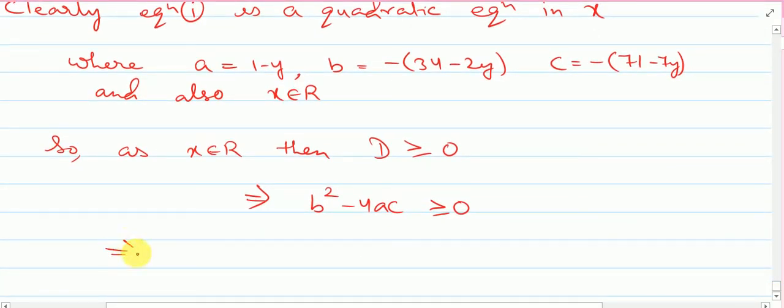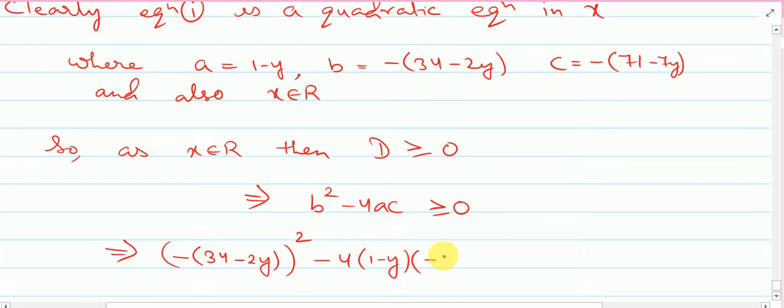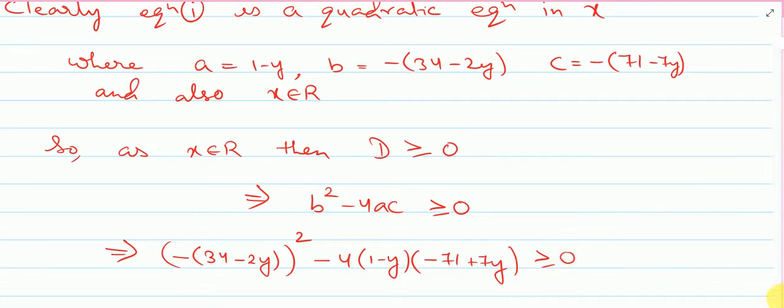So we will substitute the values. So for b, then minus 4, and here a is 1 minus y and c is this. Done.